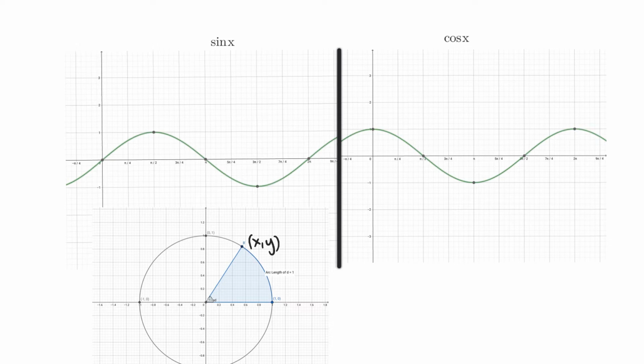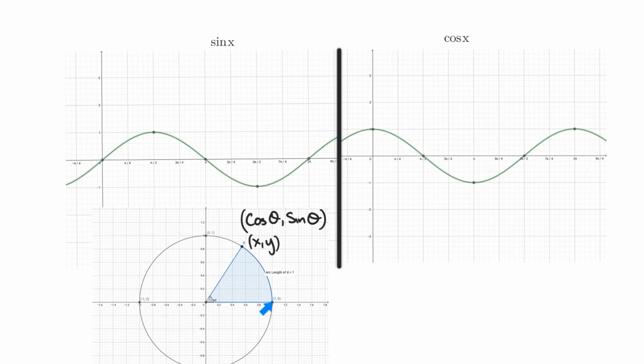Every point on the unit circle can be written as x, y using the Cartesian coordinates, or I can also write them in polar form. To write them in polar form, I write cos theta, sine theta. And this is how I can tell where my sine graph and my cos graph are going to start. So let's look at what happens when I have 0 radians, which would be just along this line here.